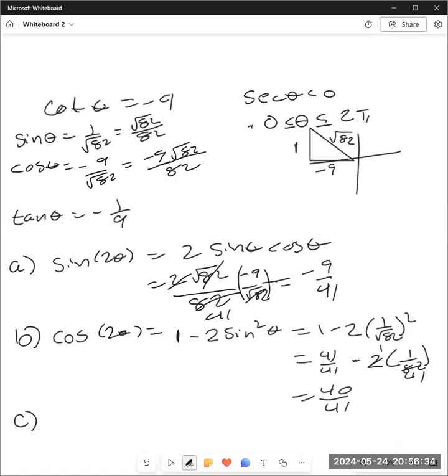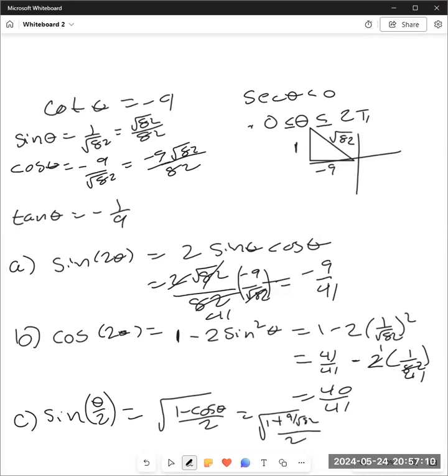So C is sine of theta over 2, which is going to be root of 1 minus cosine theta over 2. It's going to be root, then 1 minus, and cosine is negative 9 over root 82, so plus 9 over root 82, over 2.